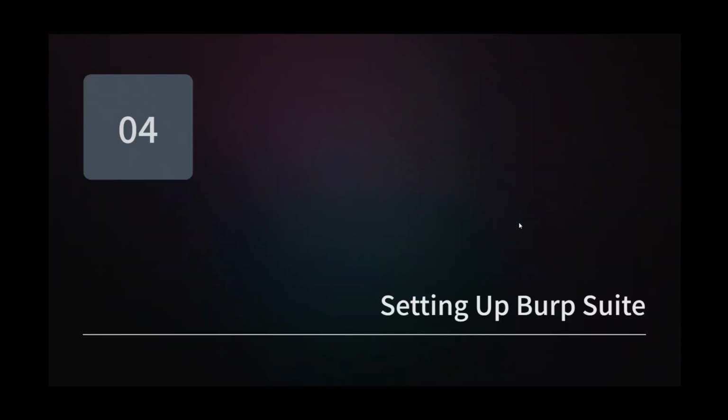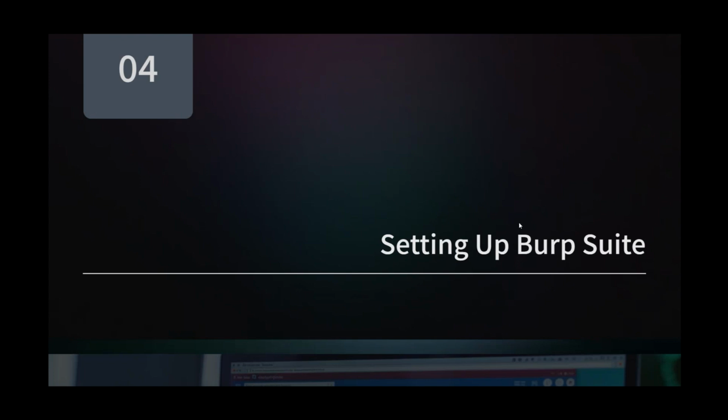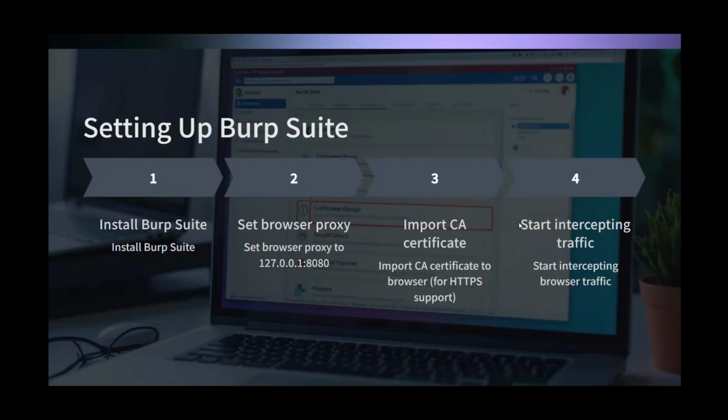When we are going to set up Burp Suite, we have to go to the PortSwigger site and download the community edition. We have to select Windows, Linux, or iOS versions.